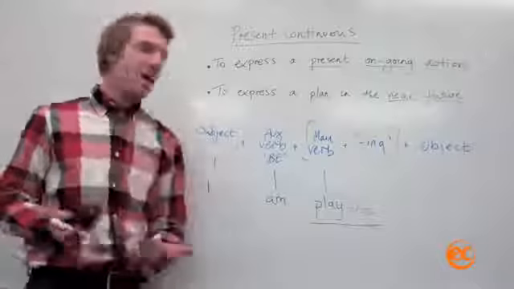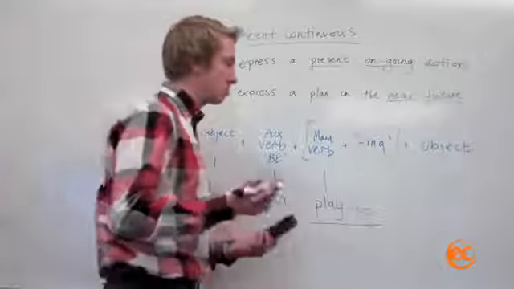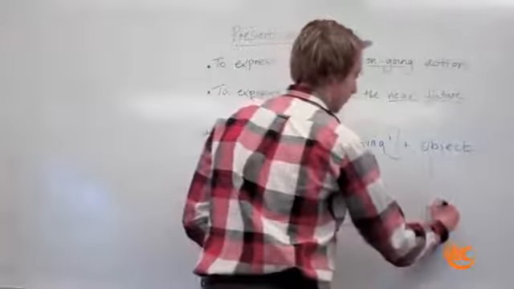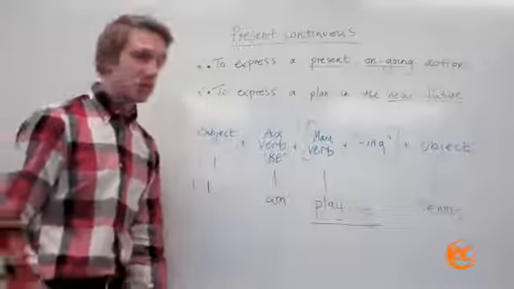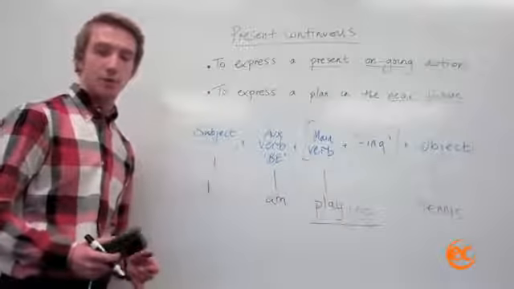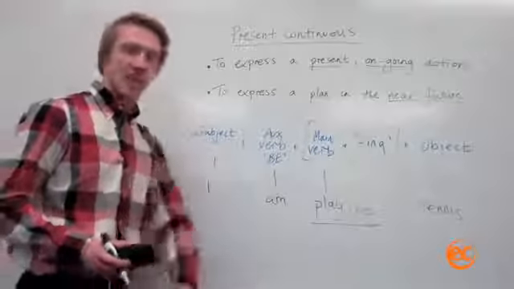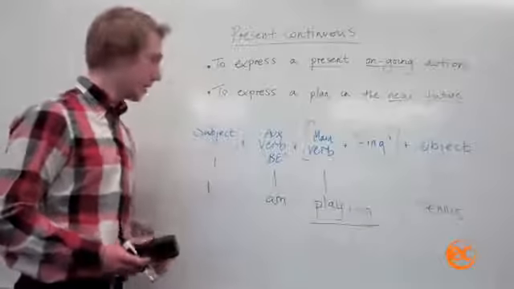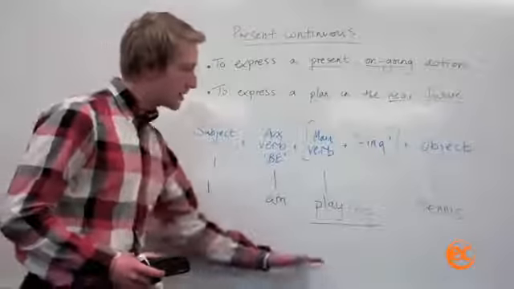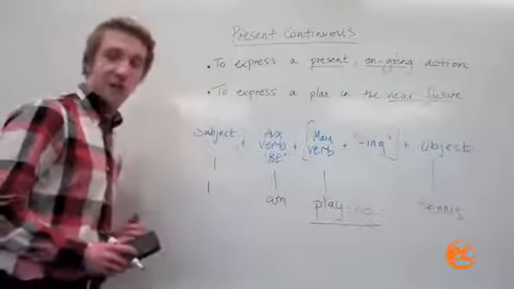Well, I could say, I am playing tennis, soccer, football. I could be playing chess with my friend in the present. So, this is the most basic form of the present continuous.